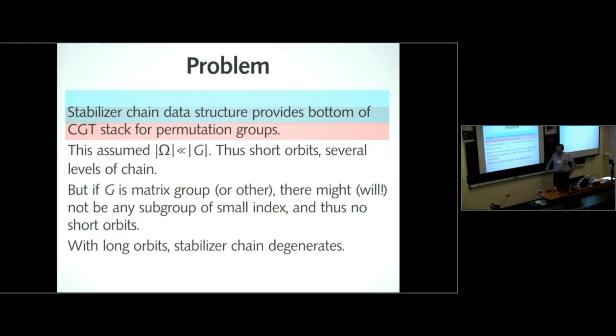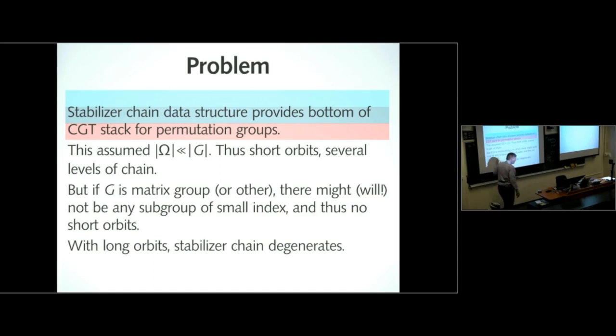That will imply that we have short orbits, that we get a stabilizer chain on multiple levels, and it really splits the group apart nicely. But if we have a matrix group or some other group of automorphisms of some structure, this is not guaranteed. And not only is it not guaranteed, we can't prove it, but you can easily construct examples where it will fail horribly.